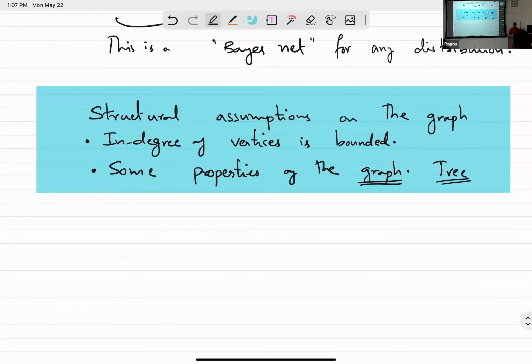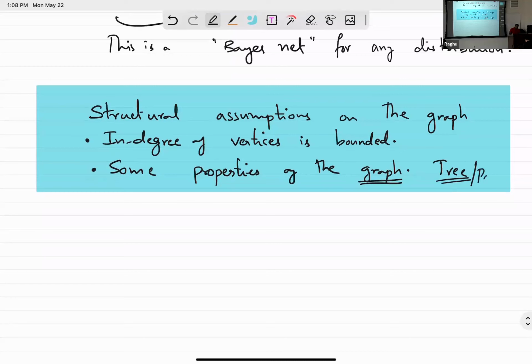Right? There are no cycles, directed or undirected. And it's telling you something like, there is maybe a timeline. Some things are happening simultaneously, but you have independence across that. So just as an example, trees, paths, maybe grid graphs, and so on. You can place structural assumptions on what the graph could look like.